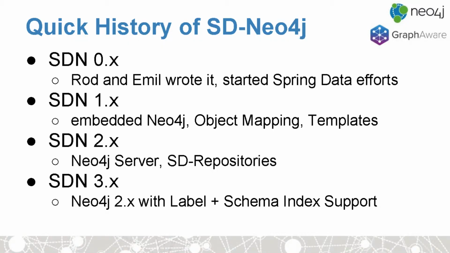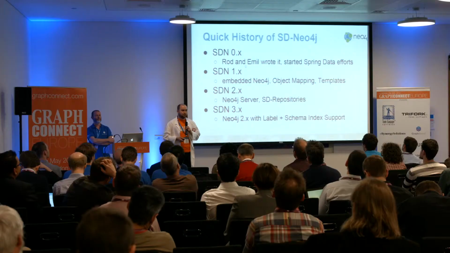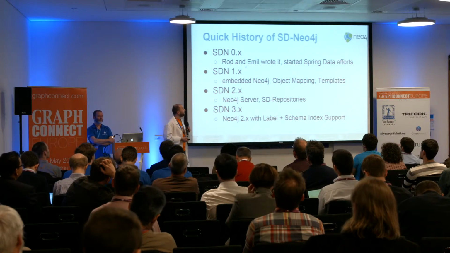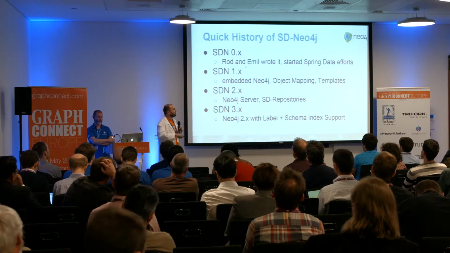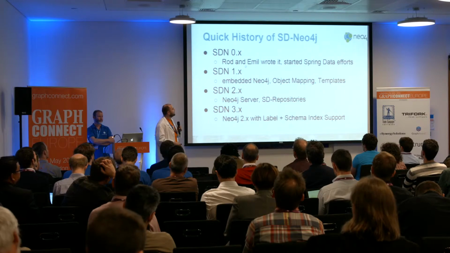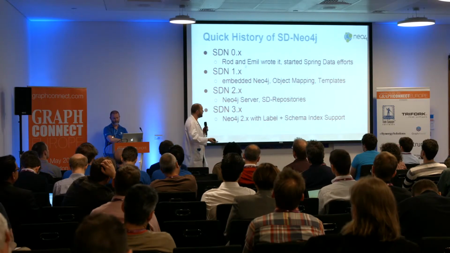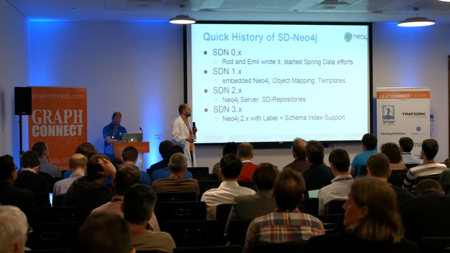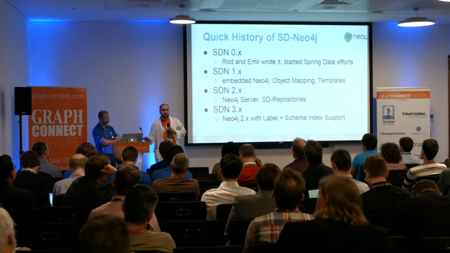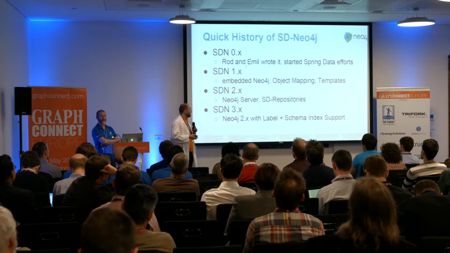For Spring Data Neo4j, some quick history. It started actually as a fun project of Emil and Rod Johnson, who wanted to get back to coding, and so started with version 0. Then they handed it over to me and us, and so we added things like object graph mapping, working on embedded Neo4j, Neo4j template. With Neo4j 2, we added label support, and so on.